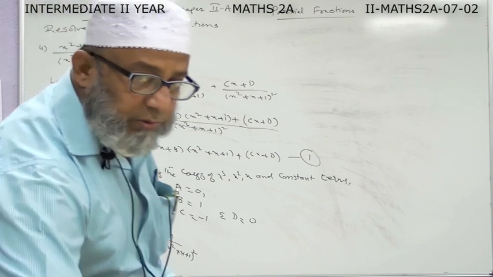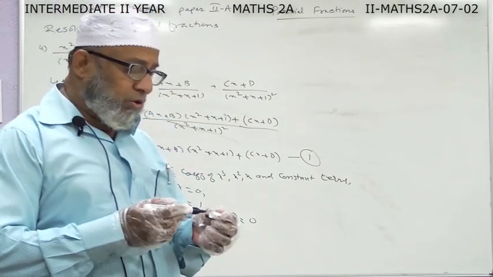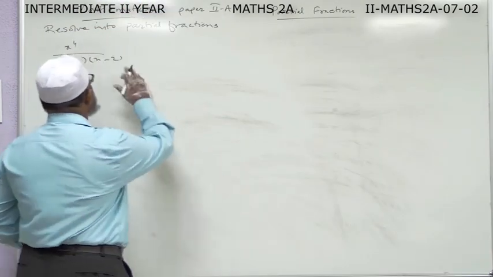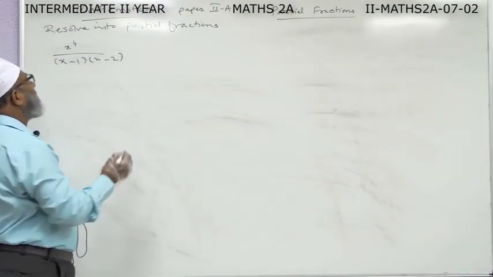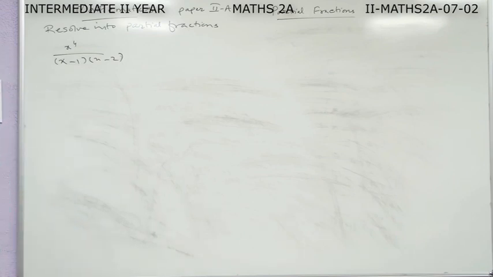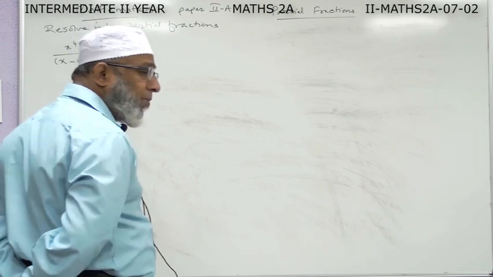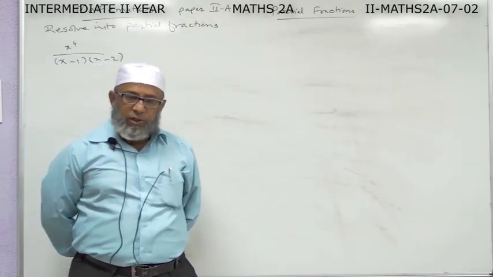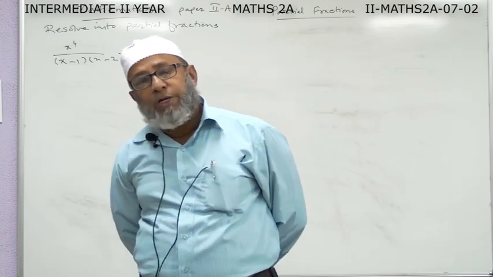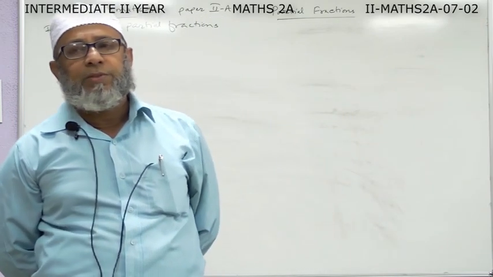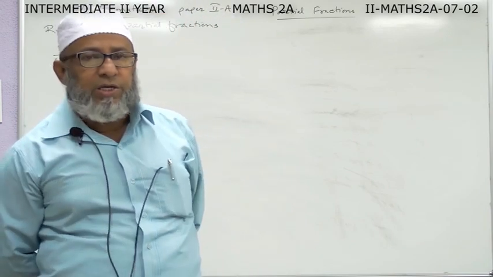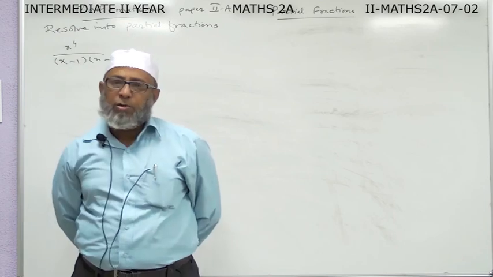Is it clear? So this is the question belonging to case number 4. Now, when I come to this question, x power of 4 by x minus 1 into x minus 2, partial fraction. Till now, we have solved questions related to the proper fraction, when the degree of the numerator is less than the degree of the denominator.